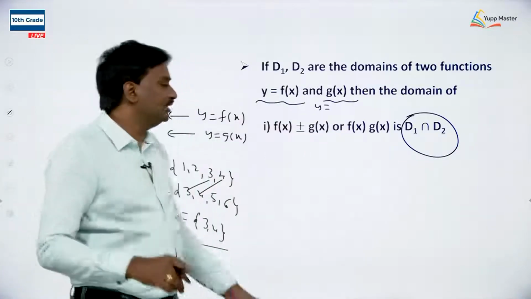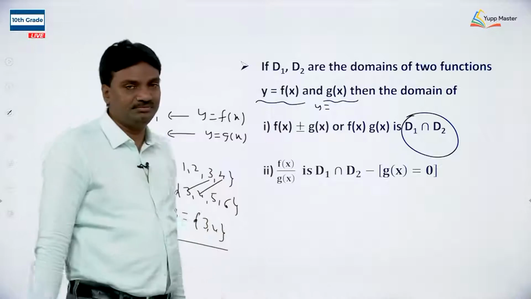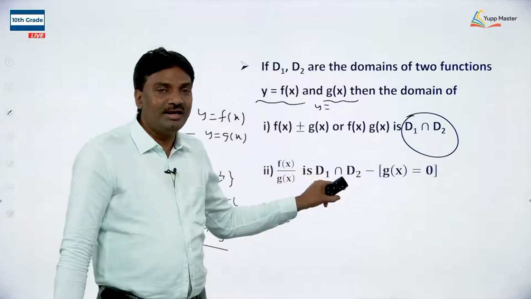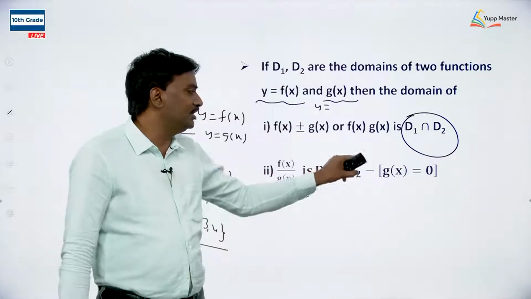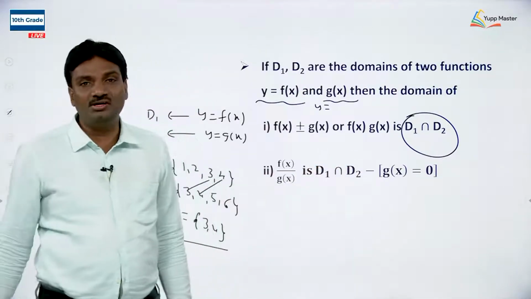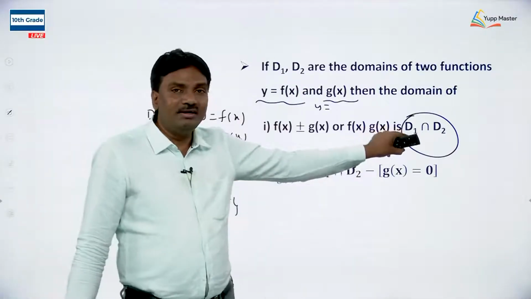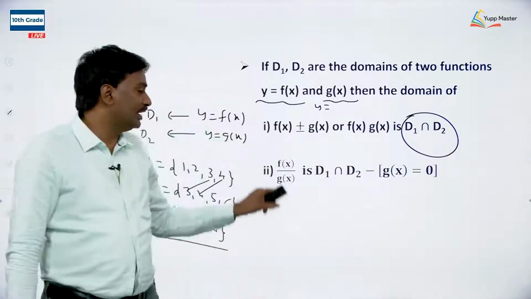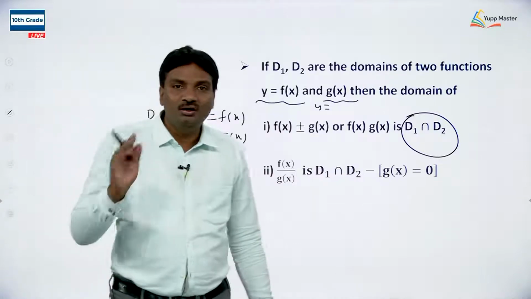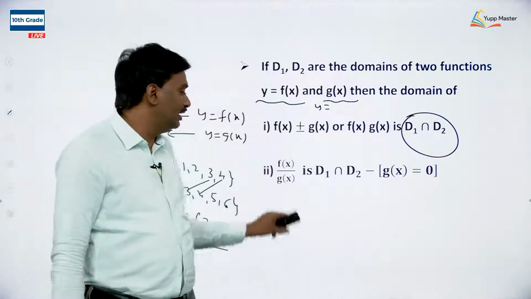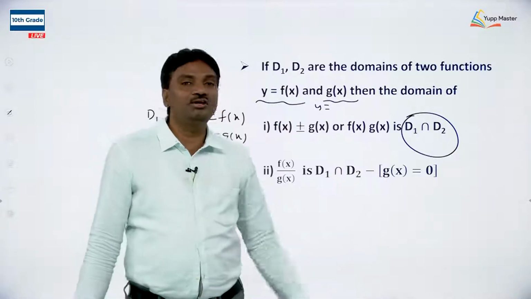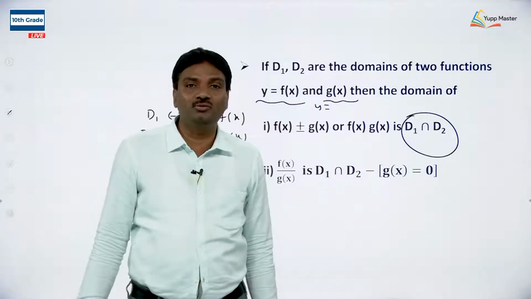If we have a function like f of x by g of x, in this case we take the domain as d1 intersection d2, minus the points where g of x is not equal to 0. Here we are taking d1 intersection d2, but to find the domain of f of x by g of x, we take d1 intersection d2 minus g of x equal to 0.